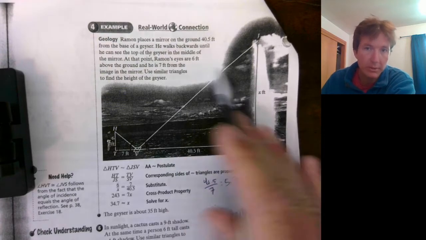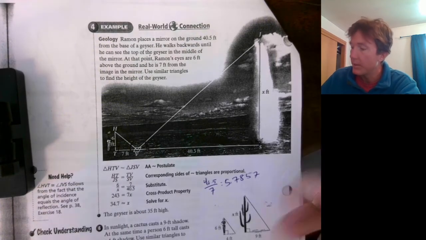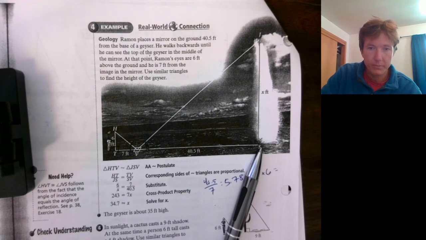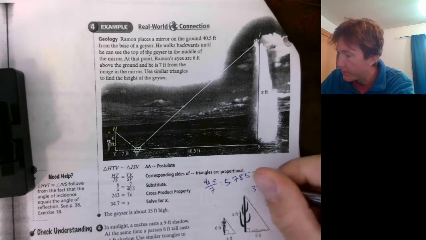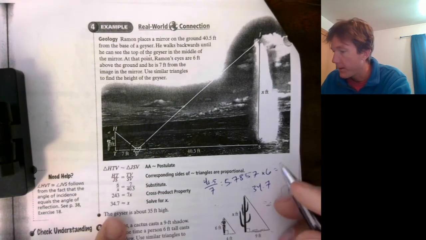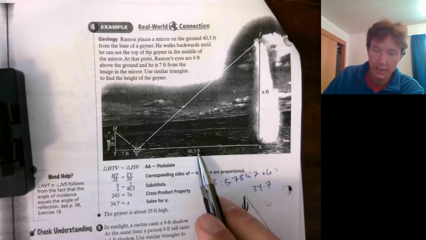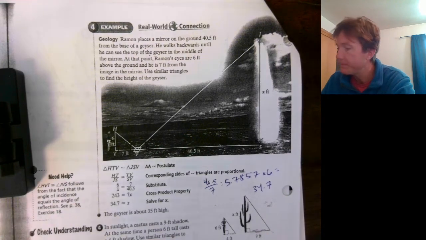I'm finding the similarity ratio, and then I'm going to multiply Ramon's height by that similarity ratio. So let's do this times 6 right here. 34.71. And they left it with one digit. I'm assuming that's because they gave you just one decimal place.